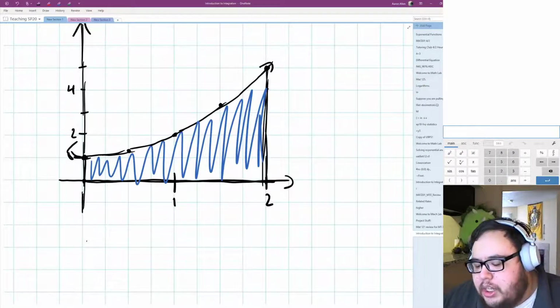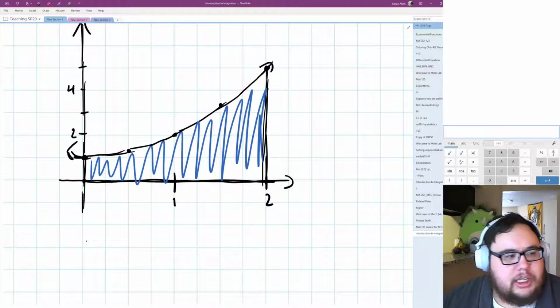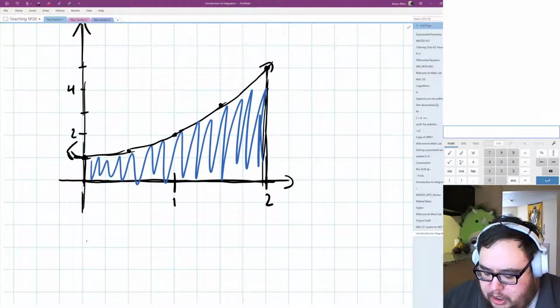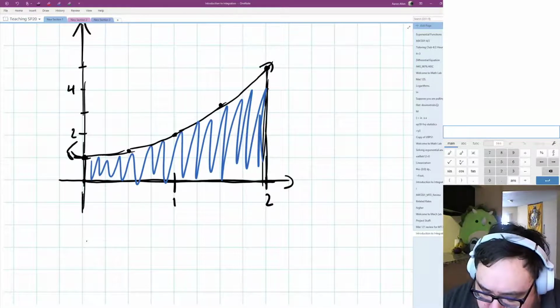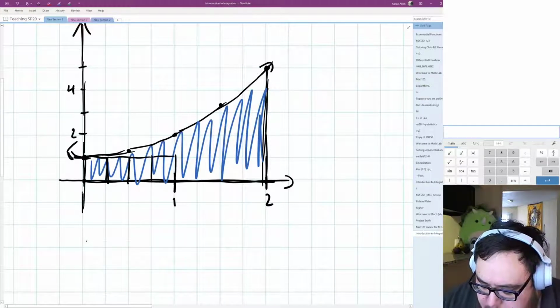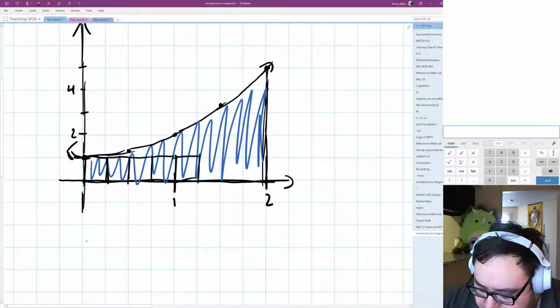Okay, but the thing I always did before I knew anything about calculus was I was taught as a kid that we take all the squares and count the number of full squares that I can find. That's a full square. That's a full square.